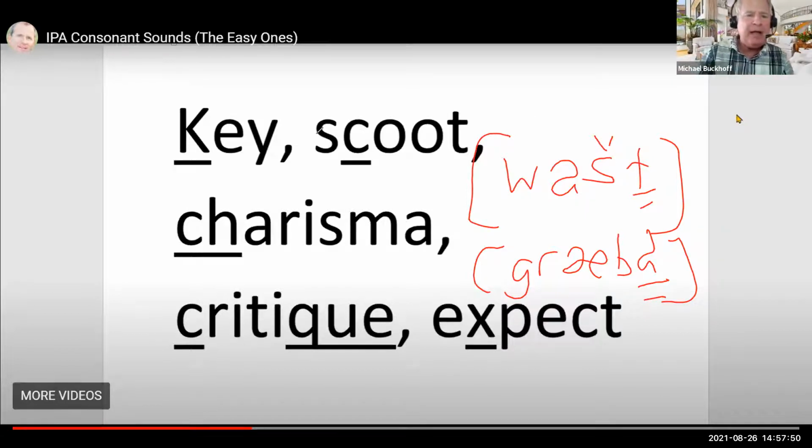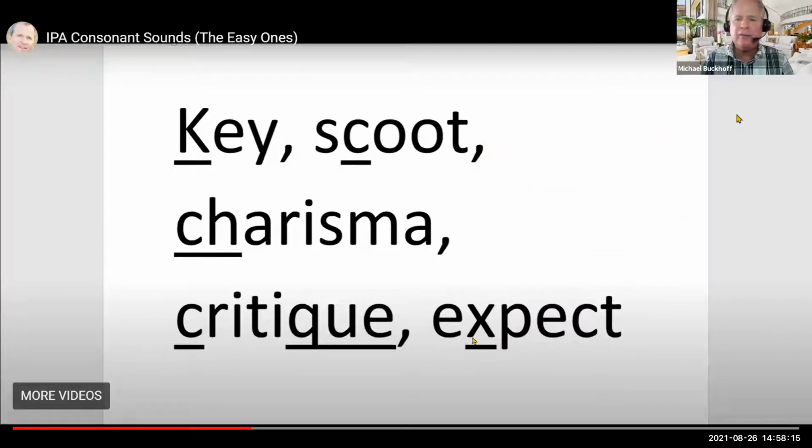Now, the K is a little confusing because it involves a lot of different spelling patterns. You can see the K, the S, the CH, the C, and even the X. Do you guys hear it? Expect. Do you guys hear that K in there?